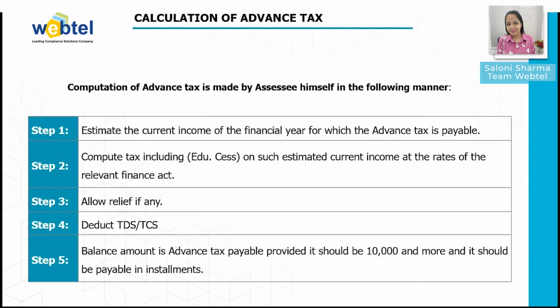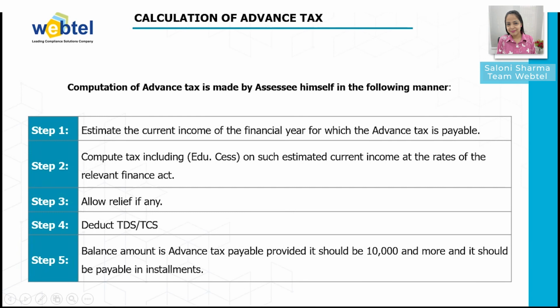Now let's discuss the calculation of advance tax. So here we need to understand the calculation criteria of advance taxes. For the computation of advance tax, we need to estimate the current income of the financial year for which the advance tax is payable. In the second step, compute the tax including the education cess on the estimated current income at the rate of the relevant finance act.